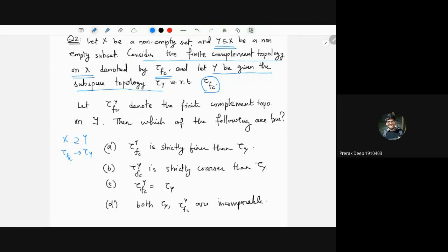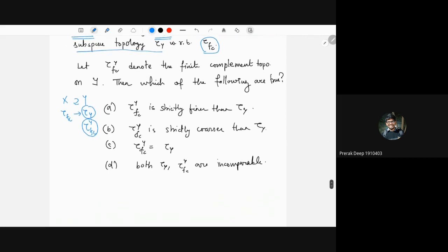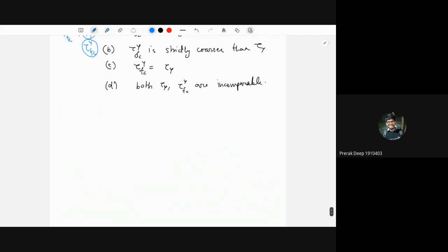Y also has another topology we can define, which is the finite complement topology on Y, irrespective of the topology on the bigger space. Now we want to compare these two topologies. That is what the question is: which one is finer, which one is coarser?